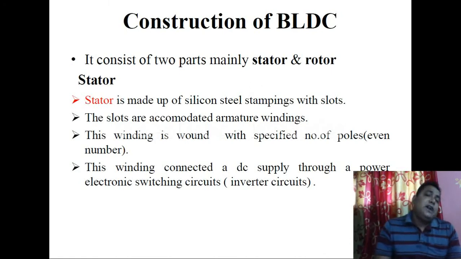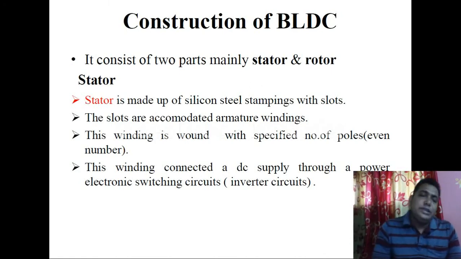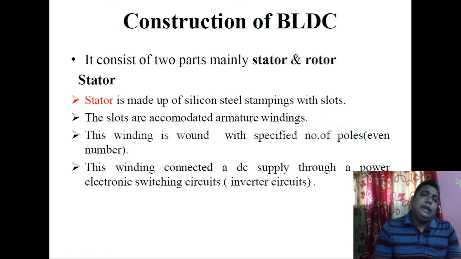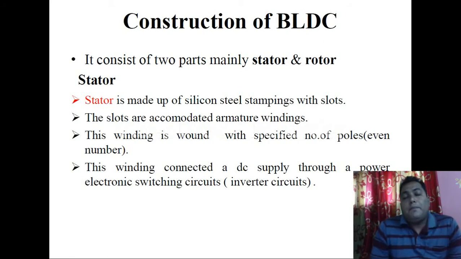It consists of two main parts, as we know in case of DC motors, the stator and the rotor. First we will discuss the stator, then we will go on to the rotor. So what is the stator? The stator is made up of silicon steel stampings with slots. The slots accommodate the armature winding. This winding is wound for a specified number of poles.